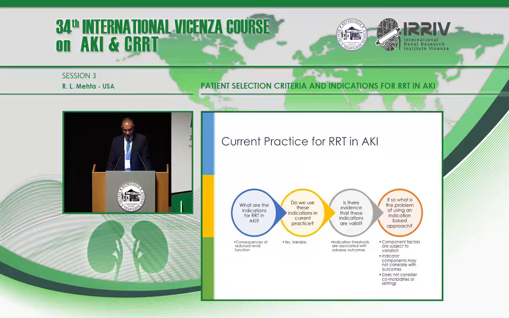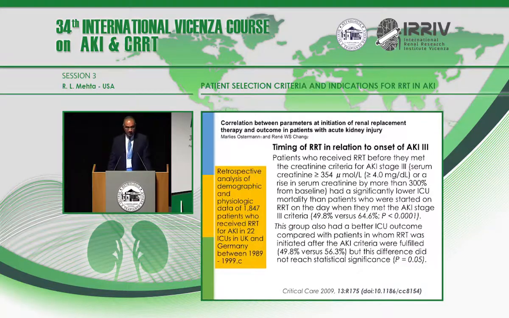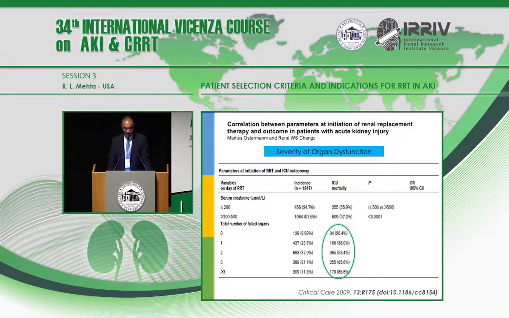A second aspect of this is that in the same study, Marlies was able to demonstrate that if you looked at those patients who received RRT before they met the creatinine criteria of stage 3, they had a better outcome than if they met the criteria of stage 3. And what she found very clearly was that this seemed to be associated with the number of organs which were failing.